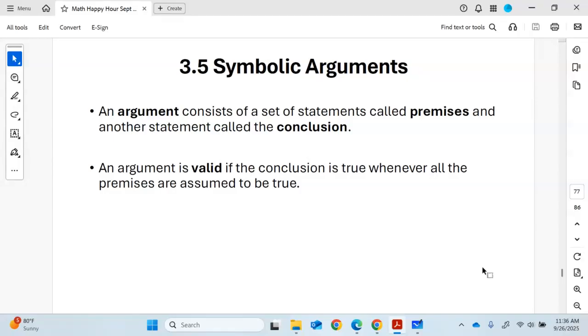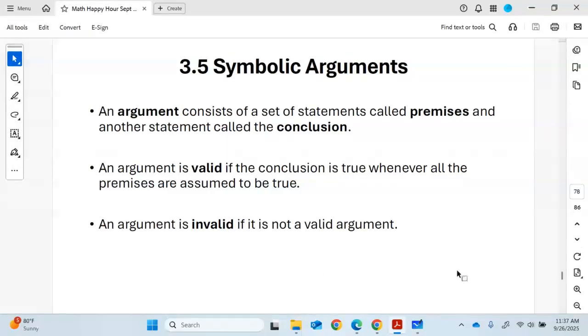We're going to say that an argument is valid if the conclusion is true whenever all of the premises are assumed to be true, which makes sense, right? If all of your evidence is there, then you want the conclusion to be true as well. In any other case, like if my premises are true, but my conclusion is false, then that's going to be an invalid argument.